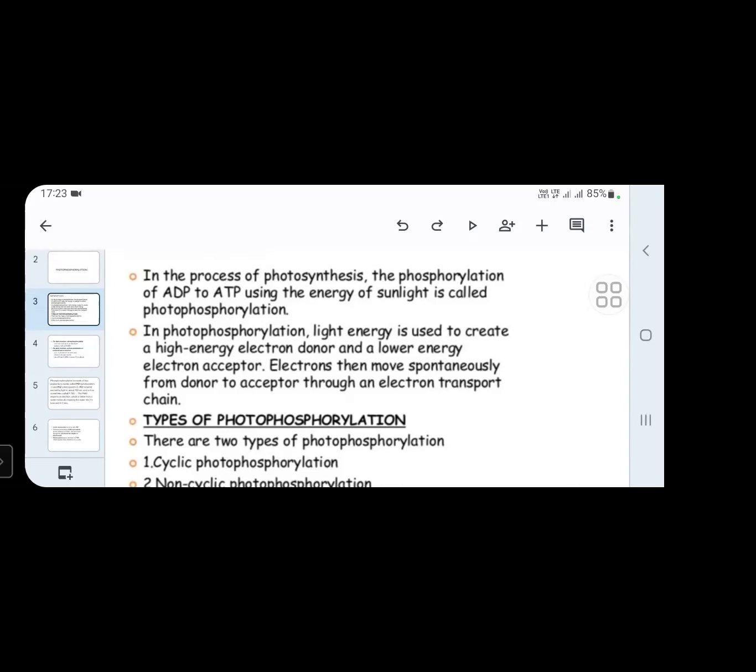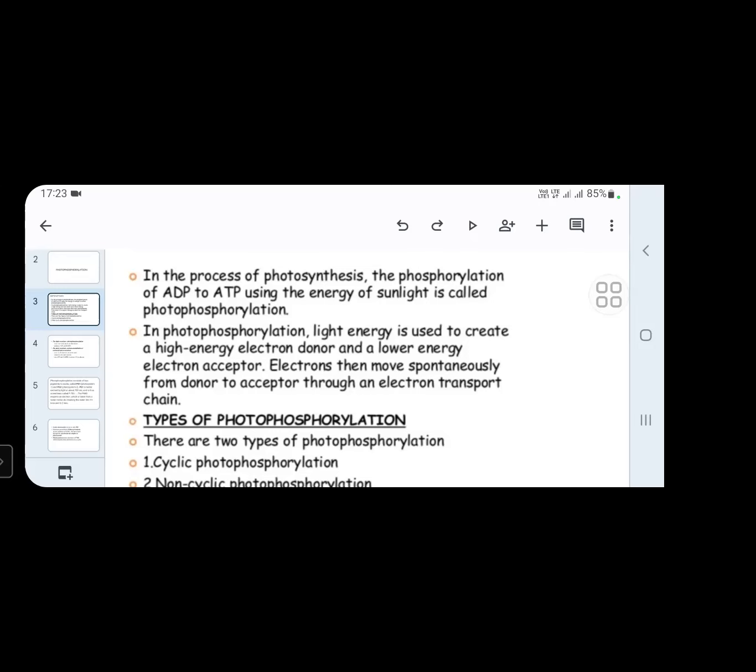So Arnon first demonstrated that isolated chloroplasts produce ATP in the presence of light. So they termed the process of ATP synthesis in the chloroplast as photosynthetic phosphorylation or photophosphorylation.